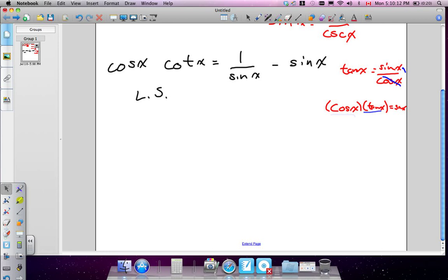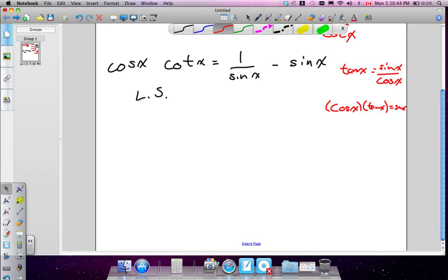So I only have sine x on one side, and cos x times tangent x on the other. You're allowed to move it onto the other side. It's an algebraic expression, so I can move it around all I want as long as I follow the rules of math. I know it's kind of smudged, but this is telling me what sine x is equal to right now. So I've already made a second identity out of the first one: sine x is equal to cos x times tangent x.